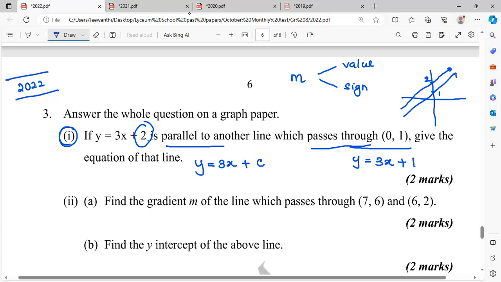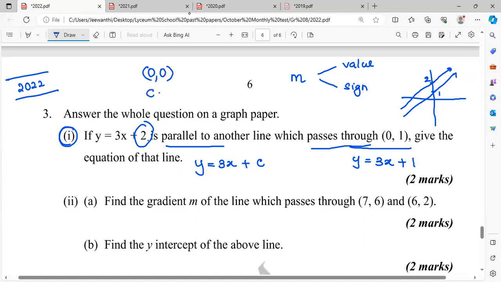First you want to tell that the gradient should be equal if those two lines are parallel. So the 3x, the same value you should have. Then the second part of finding the parallel line equation, you want to get the y-intercept value. Normally they will give us a clue. If they have mentioned that the parallel line, for which we are finding the equation, is passing through the origin, then you want to understand it is 0, 0.